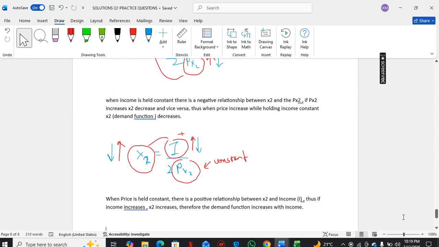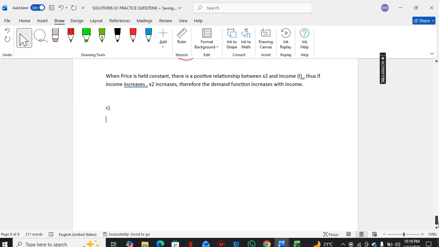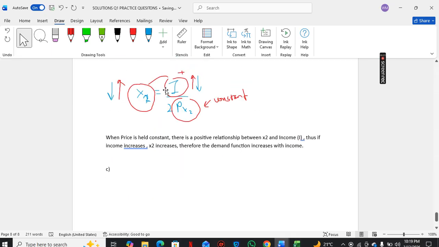So for the indirect utility function, remember these expressions of x1 and x2, we are bringing them back to our utility function here. Remember, u equals the square root of x1 x2.